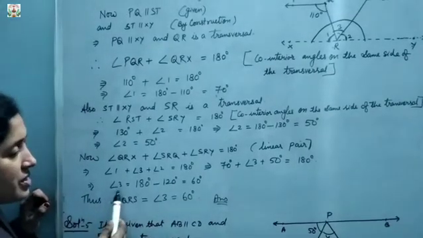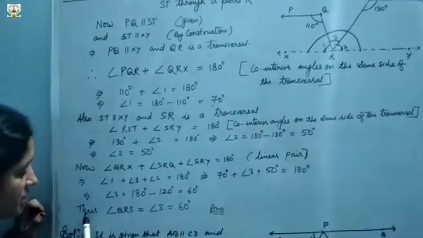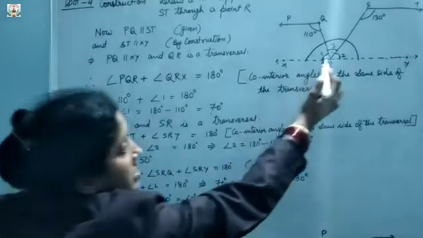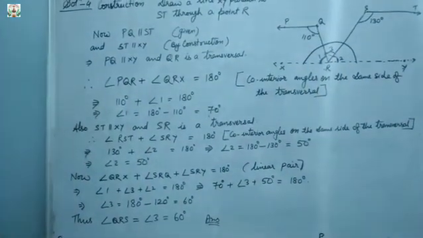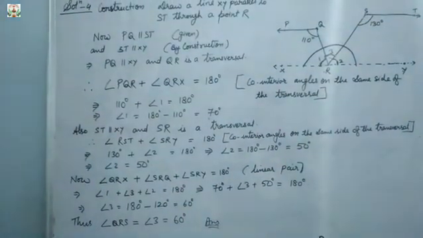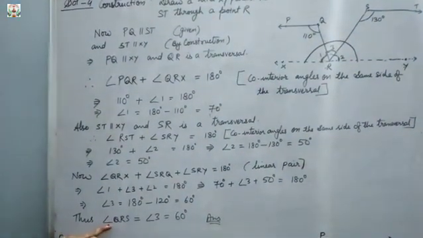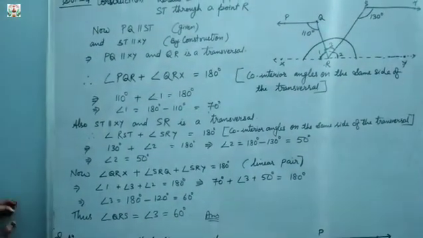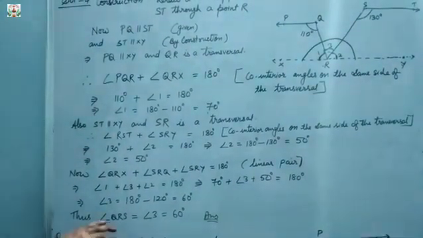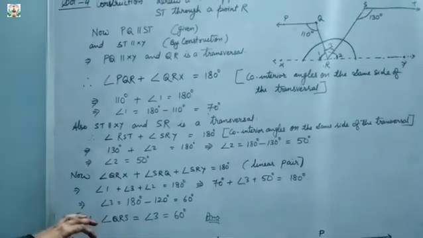So angle 3 equals 60 degrees. And we are supposed to find what? Find angle QRS. Thus angle QRS equals angle 3 equals 60 degrees. That is the answer for the fourth question.